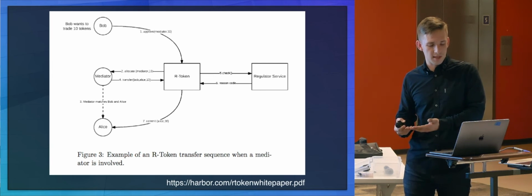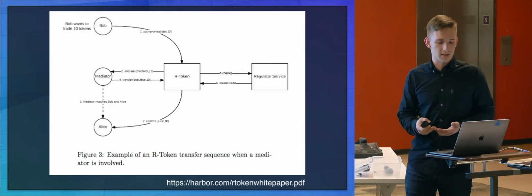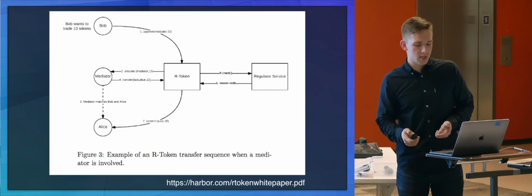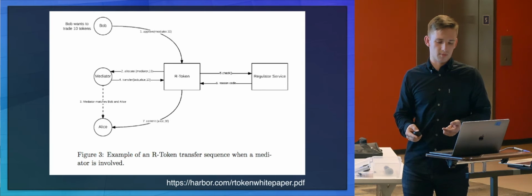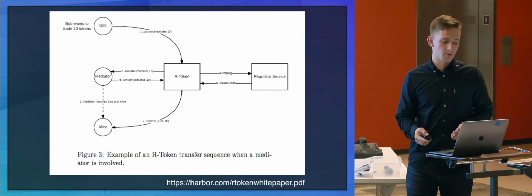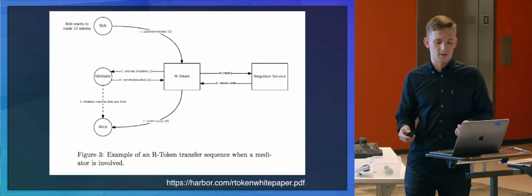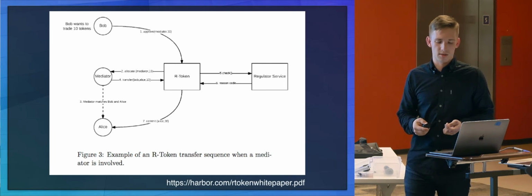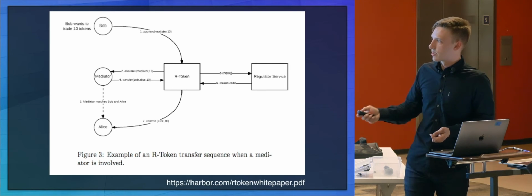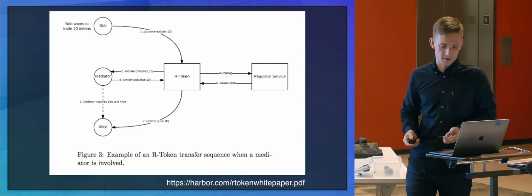The approve method can be implemented to include an additional check method. This would mean that the allocation of funds from the token holder to the mediator would require approval from the regulator service. The initial implementation of our token standard will not include this additional check. So something to maybe look forward to from Harbor.